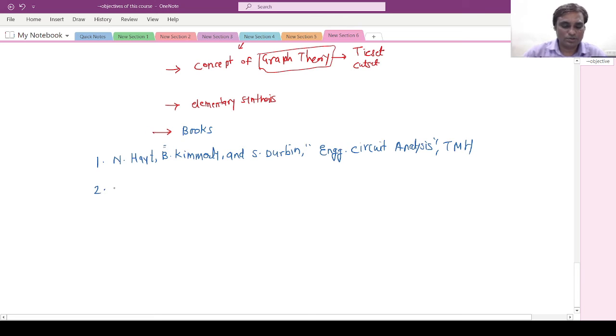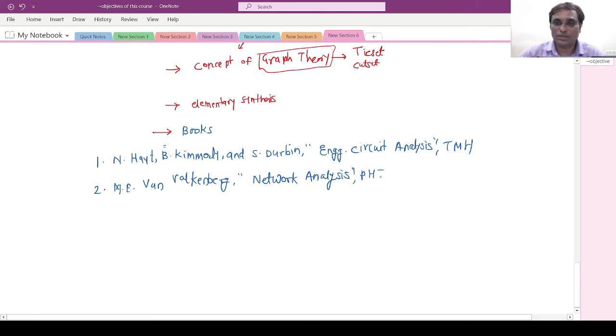The next is also a very good book, that is M.E. Van Valkenburg, and the title of the book is Network Analysis. The publisher is PHI.